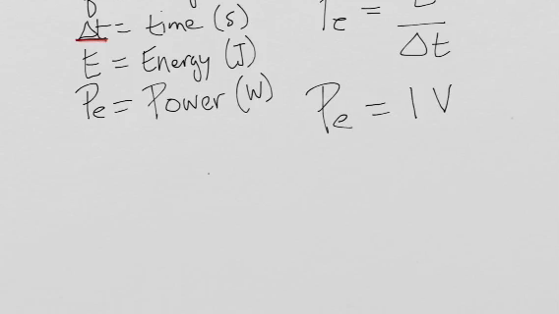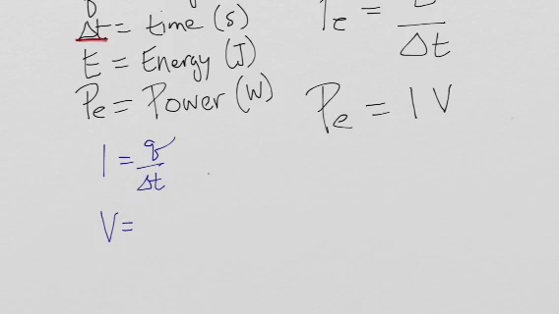What is that first equation we learned? We learned the current intensity equation. So, I is equal to the charge of the object over time. What's the next equation that we learned? Potential difference.